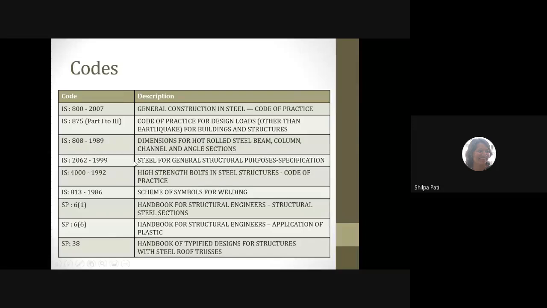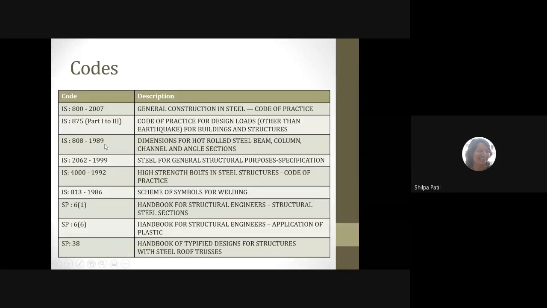What is most important here, what we will require all the time during the lecture, are the first three parts. That is IS 800, which you will require every time for attending every lecture. IS 875 you will require specifically when you want to do the load calculation, and IS 808, or instead of that you can use the steel table to find out the various properties of steel sections.